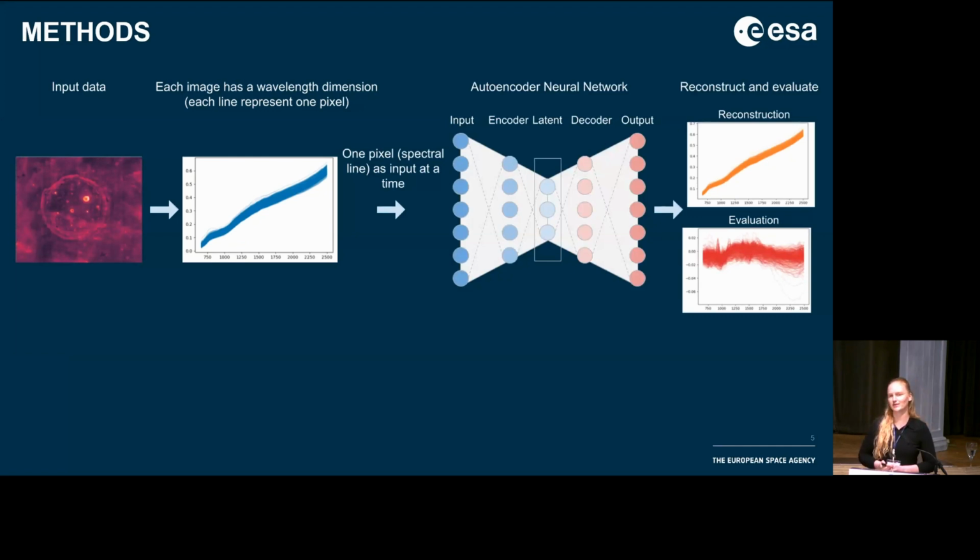This neural network is called an autoencoder. Autoencoders work in the way that they compress the data into a lower dimension, and then reconstruct the data again. So an autoencoder can usually be used for denoising of data sets, but it can also be used to extract features.